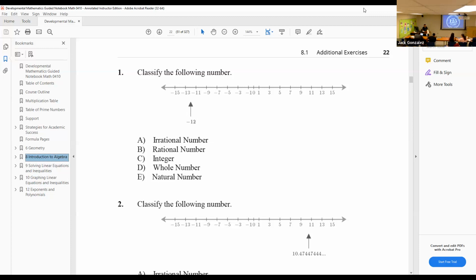Yeah, whatever we go over today, I'm gonna adjust for Monday night. Okay. There should be 8.1 and 1.5.